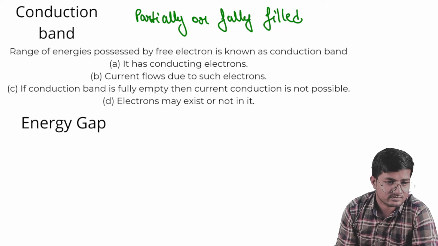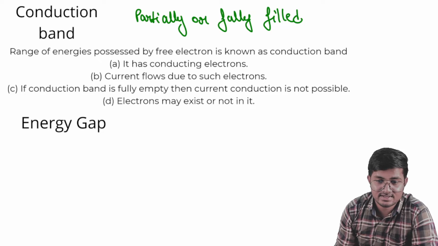The range of energies possessed by a free electron is known as the conduction band. It has conducting electrons. Current flows due to such electrons. If the conduction band is fully empty, then current conduction is not possible.